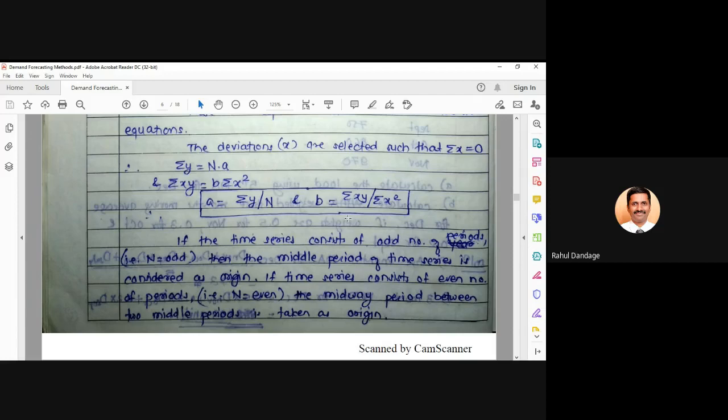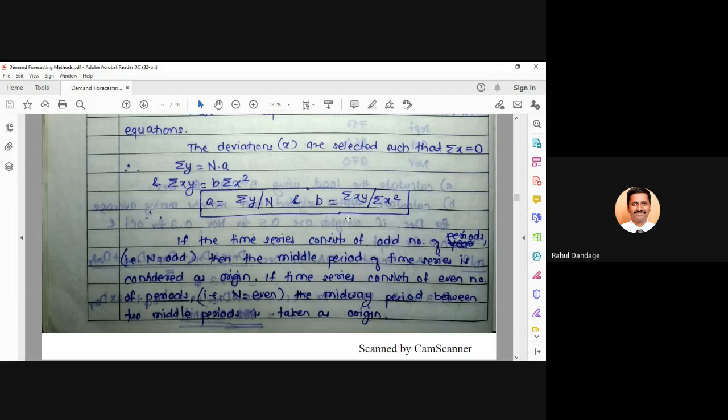Okay, now let us try to understand what we have to do. If we have an odd number of periods, then the middle period of the given time series should be considered as the origin. Let us say 5 years of data are available. So 5 years is your time series, and the central or middle period means the third period, the third year.